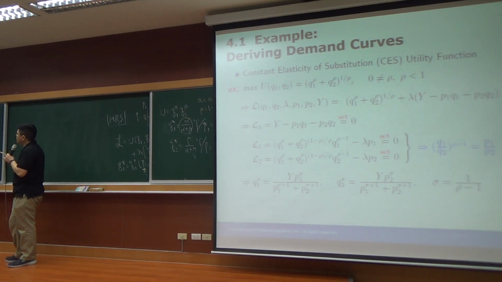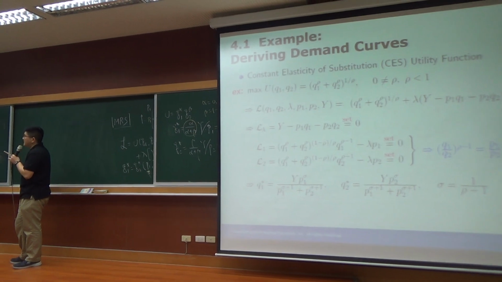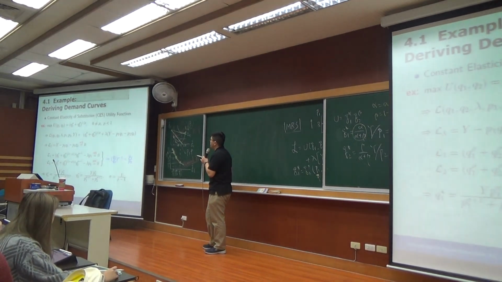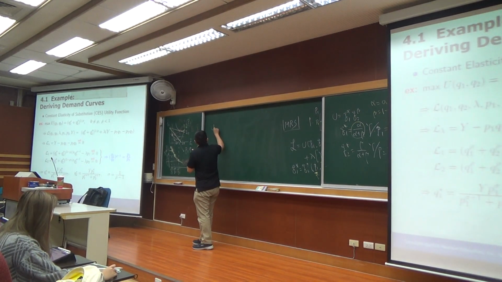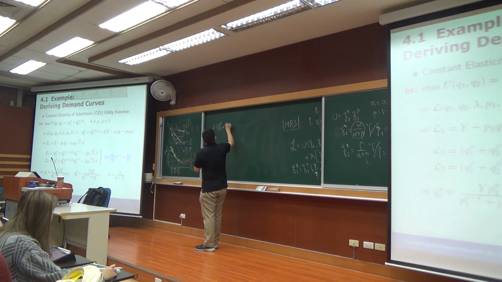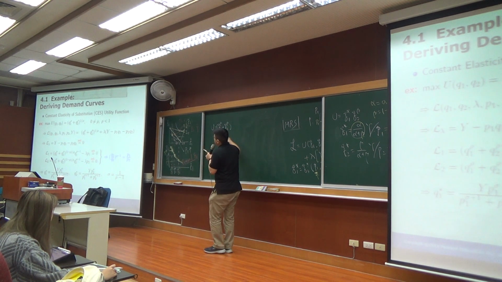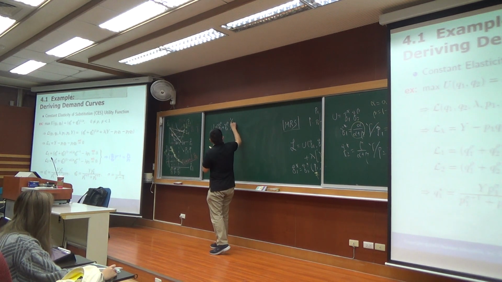I'm going to introduce this type of utility function, CES, constant elasticity of substitution. It would look like U equals Q1 to the power of rho plus Q2 to the power of rho, and the whole term to the power of 1 over rho.